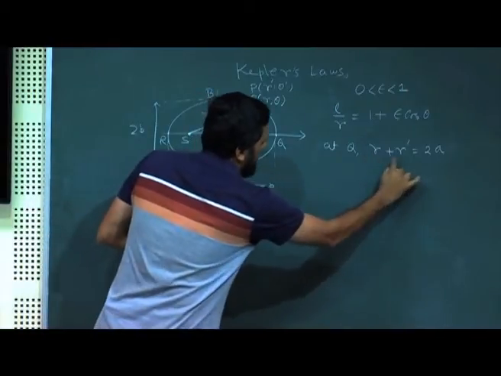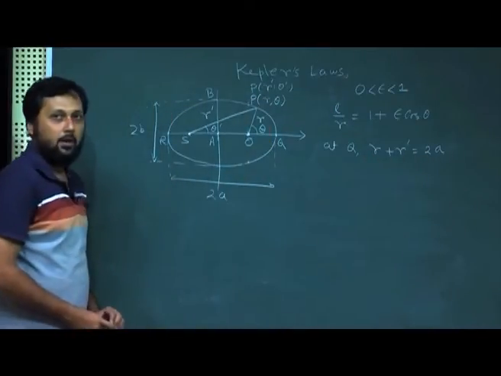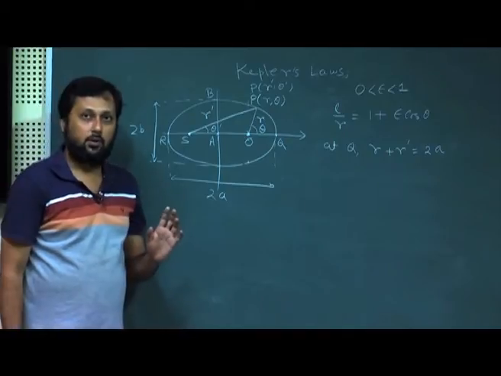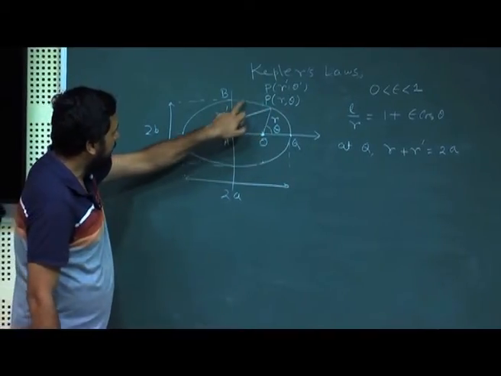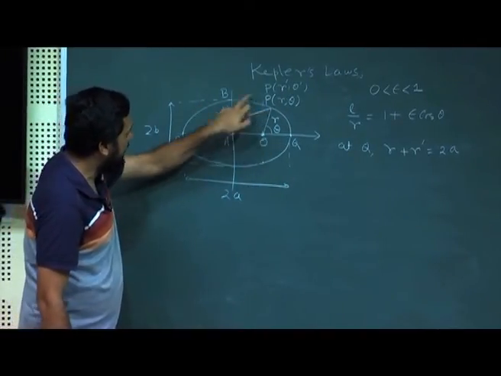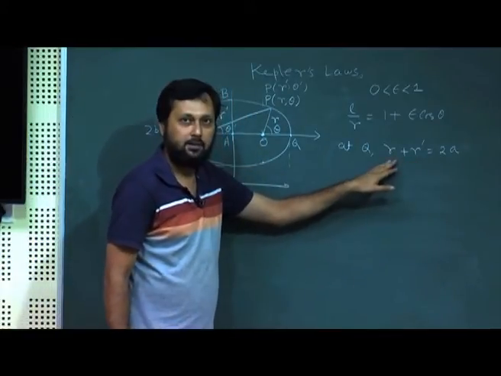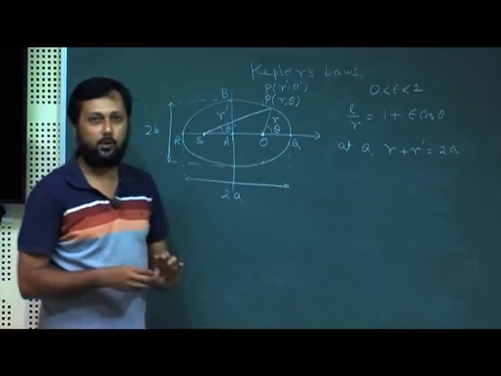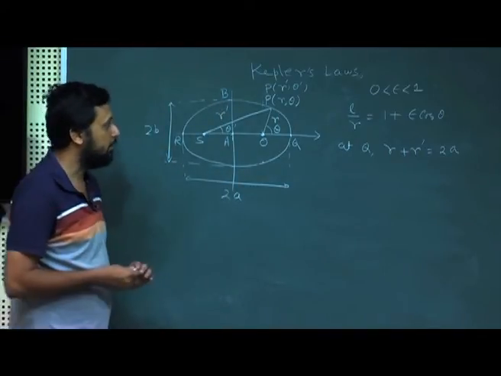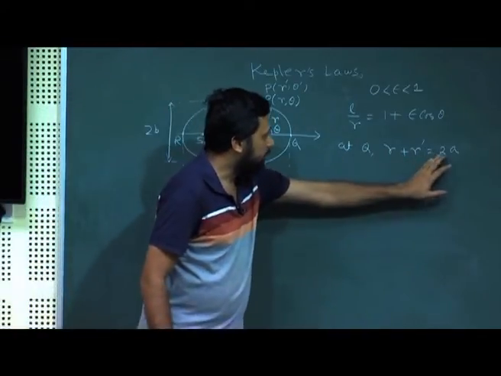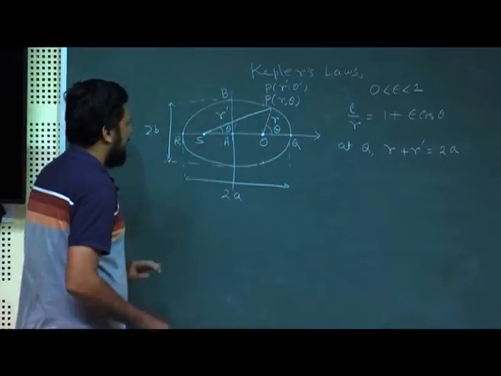So, essentially R plus R prime equals 2A. Now, it can be shown that for an elliptical orbit, for any arbitrary point P, this is a valid relation. This can be formally shown, but that is not terribly important. You can take my word for it. So, R plus R prime is equal to 2A at any point.